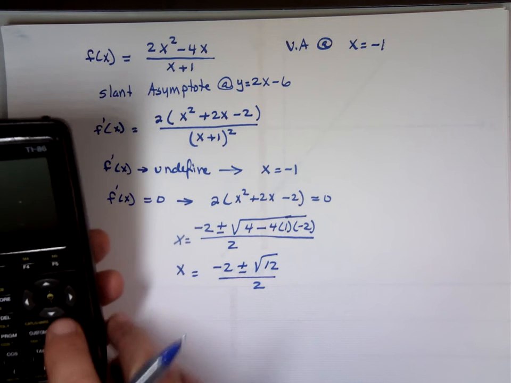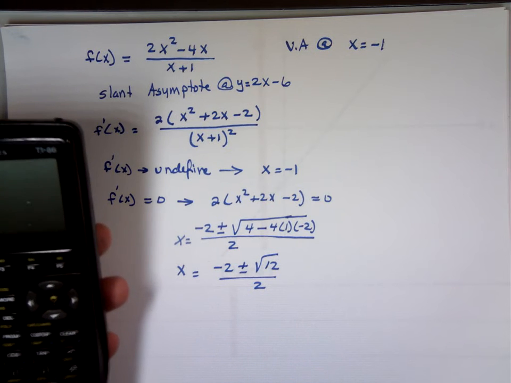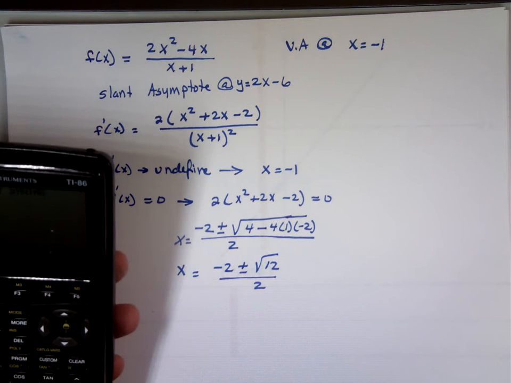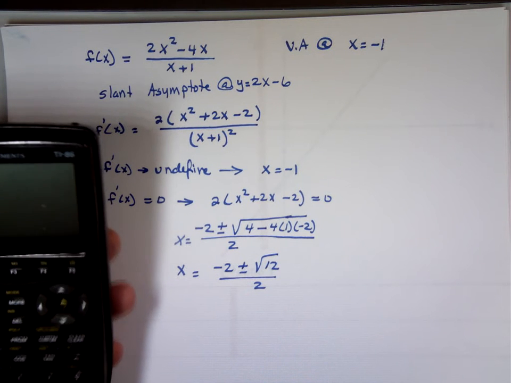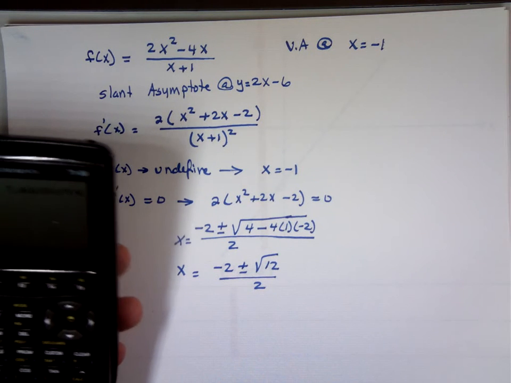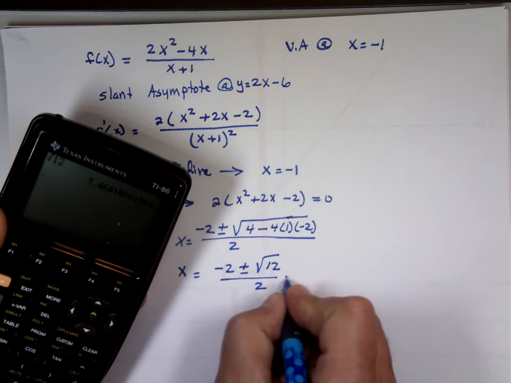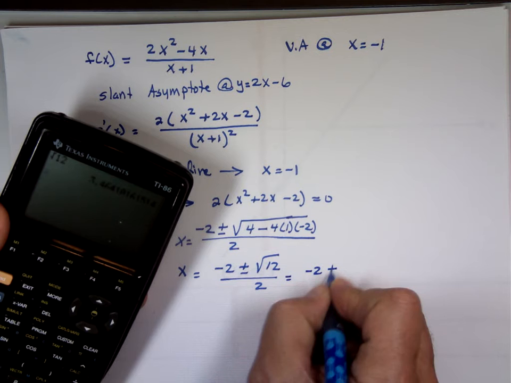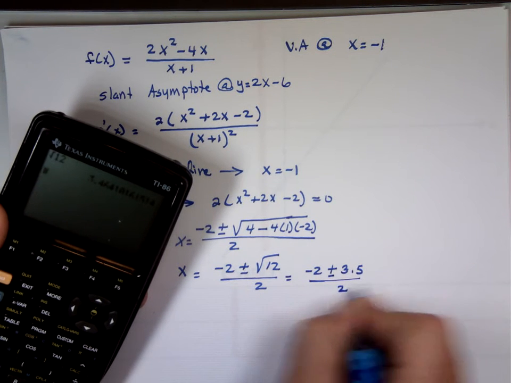What is the square root of 12? Roughly 3.5. So I'm going to have two values.